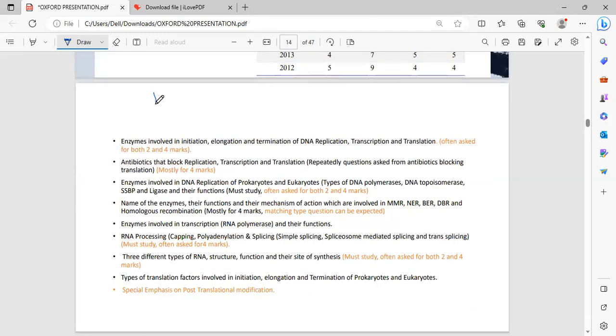We know that replication, transcription, and translation, everything we can read in both prokaryotes and eukaryotes. Every time, they mainly focus on eukaryotes, and we have to study prokaryotes also. It is equally important as eukaryotes.